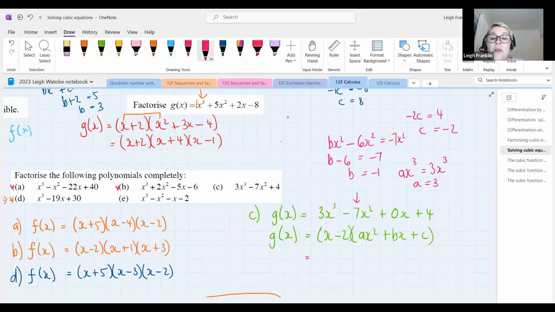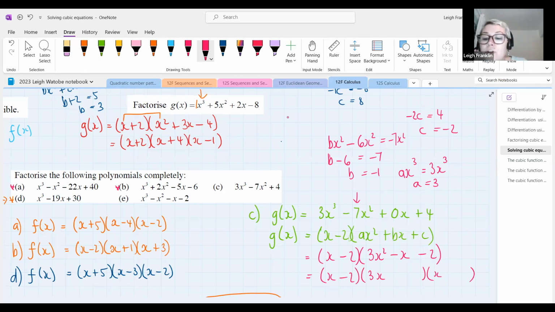So now you've got x minus 2, and here you've got 3x squared minus x, and then your c value is -2, like so. Now we've got to factorize our trinomial. In one bracket, we'll have 3x. In another bracket, we will have x.